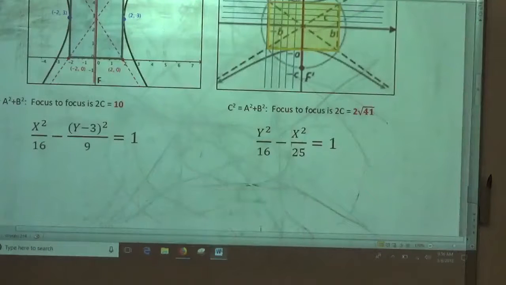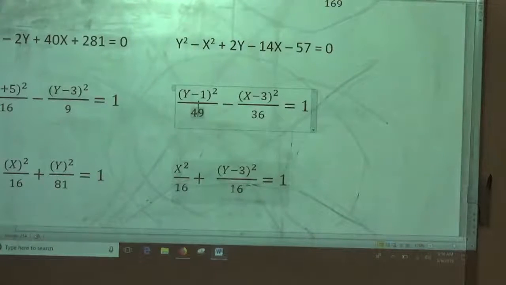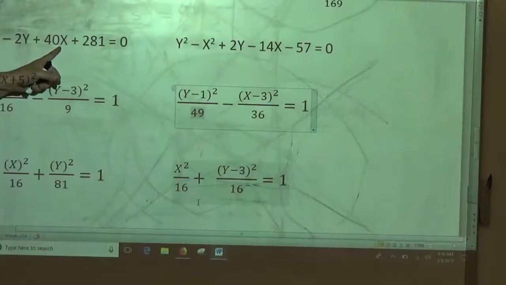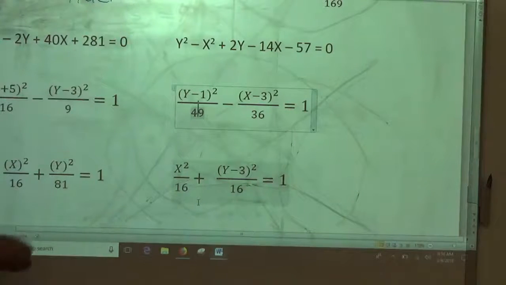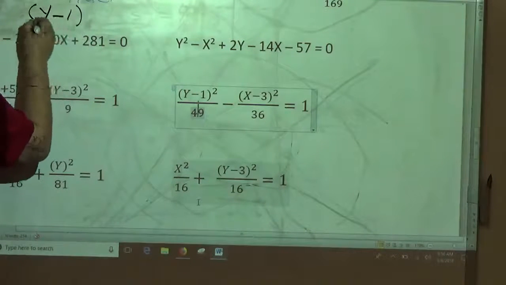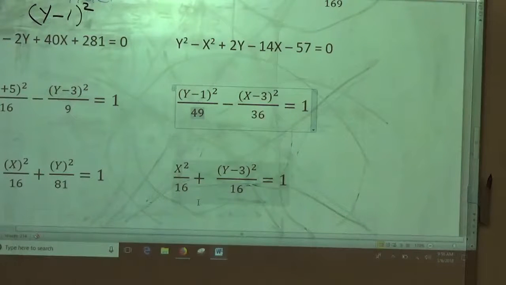So, let's go back to this. All right, here's my square. Now, this is squared, this is not. So, I'm going to complete the square on the y. How do you do that? You take half of the second term. What's half of this? -1, right? And so therefore, y minus 1 squared is the square part. Now, I only had two values here.